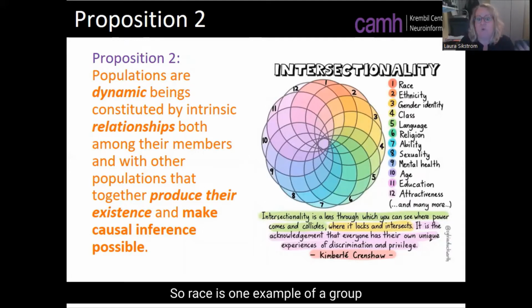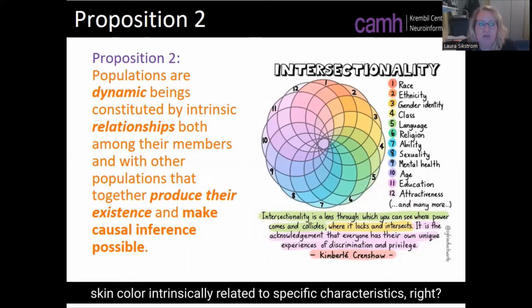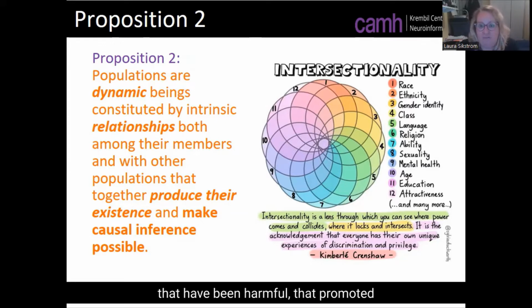So race is one example of a group of people that have been historically defined by skin color as being intrinsically related to specific characteristics, right? So these are racial stereotypes, that have been harmful, that promoted all kinds of inequities in society.